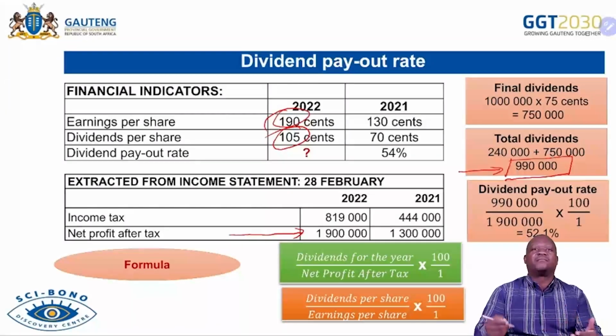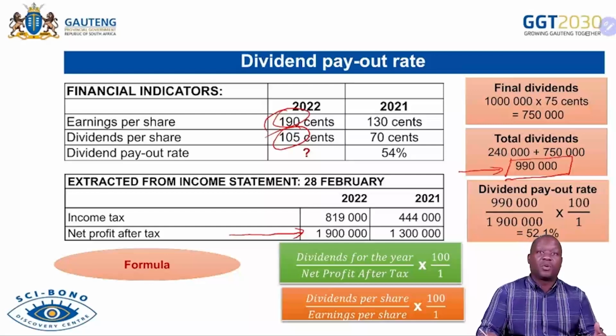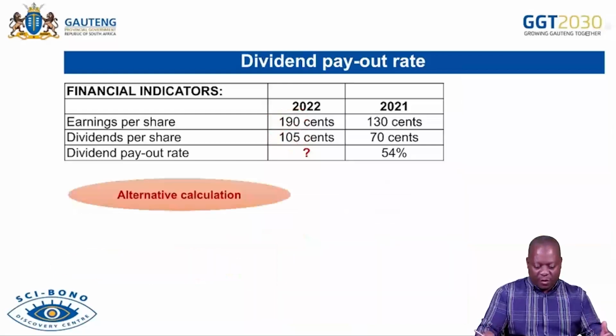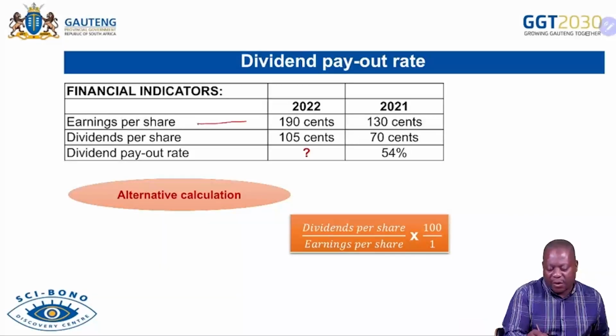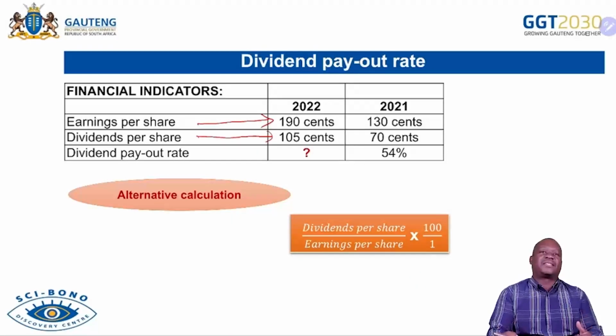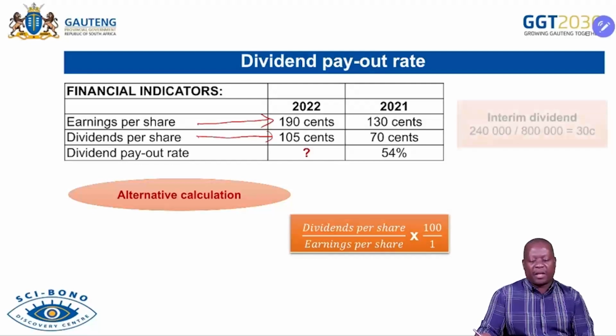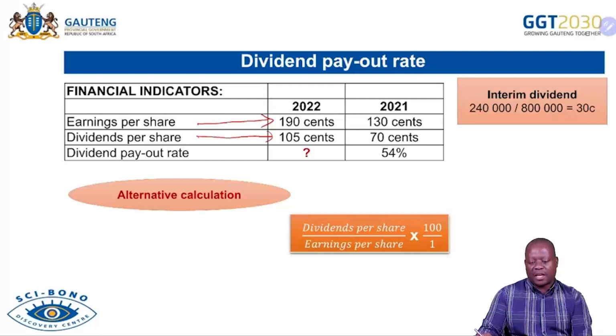Now, let's use the other method because we never know. The examiners might give us only information that allows us to use one method. But today we are lucky because we have got all the information at our disposal. Now, this is the alternative calculation, dividends per share divided by earnings per share. Our earnings per share, we have identified it. Our dividends per share, remember, we now have it. These are figures that we calculated in our previous calculations.